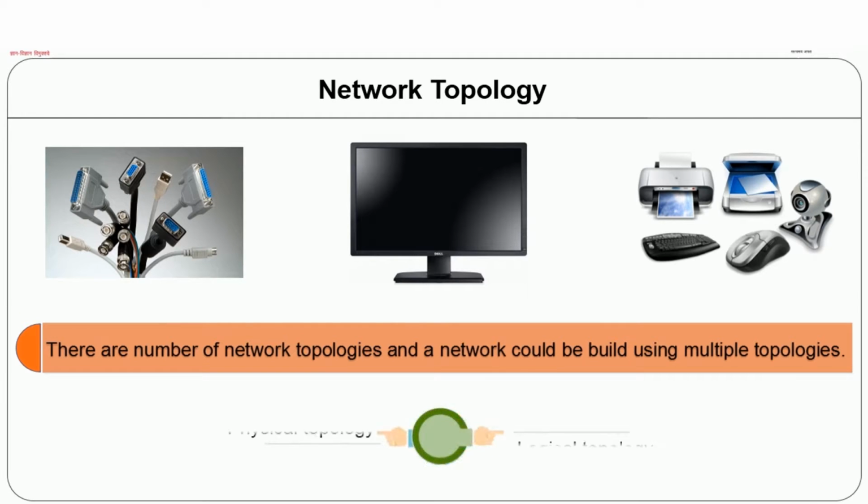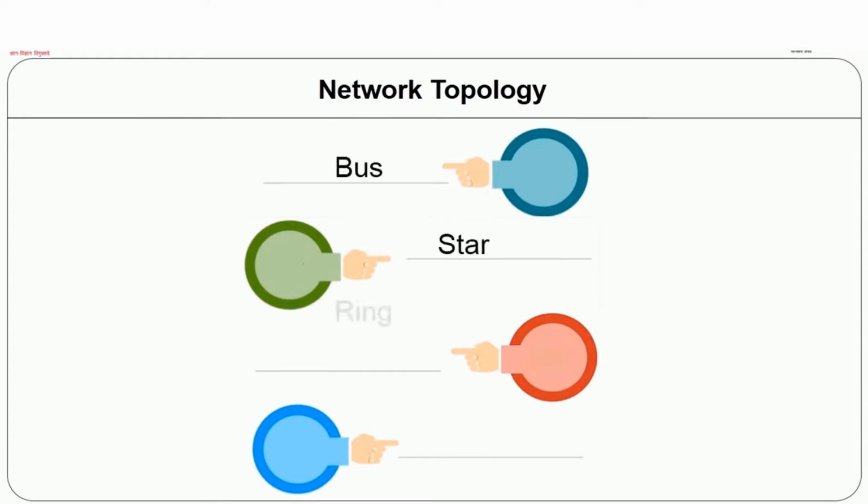A distinction is to be made between physical topology, with respect to the layout of the network, and logical topology, which defines information circulation at the lowest level, as it is very important to distinguish clearly between these two aspects. There are four main types of topology, that is bus, star, ring, and tree.